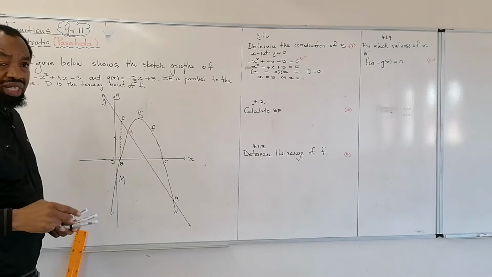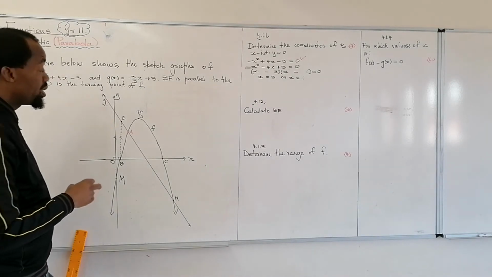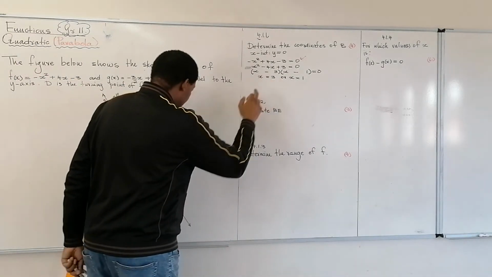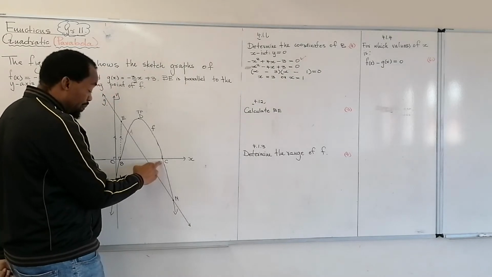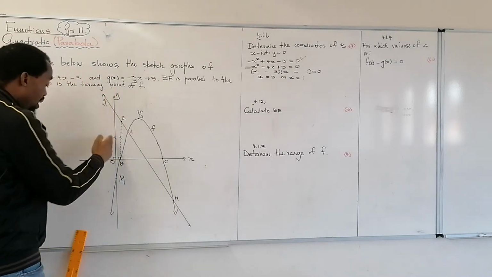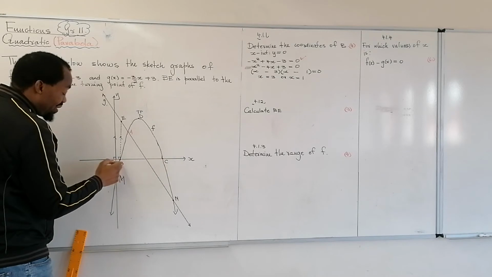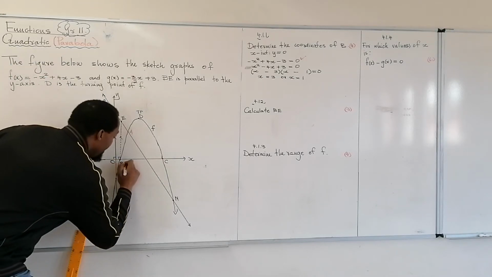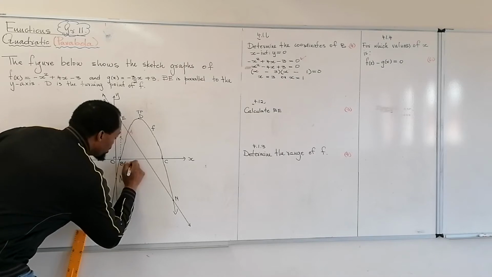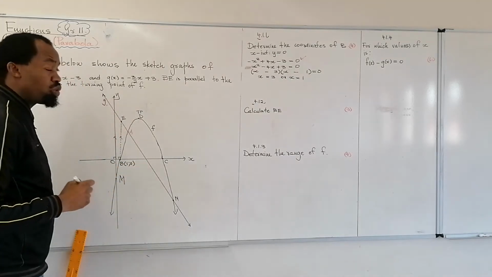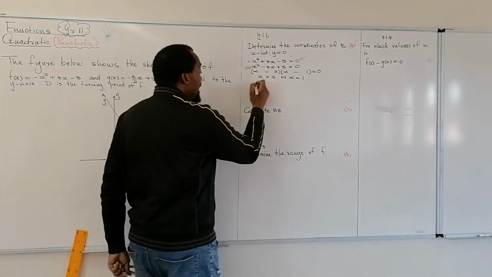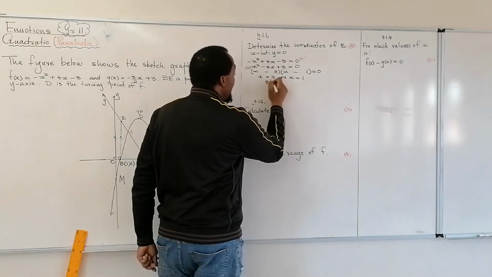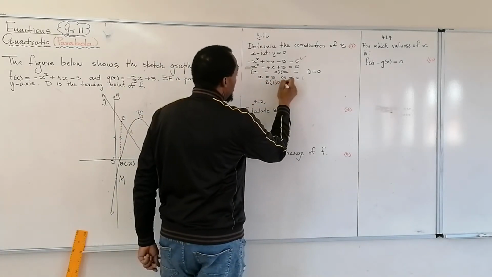Now let's go to our graph and see who's who. 3 must be there, because from the y-axis, that point is the furthest point than this one. Now, I believe that the coordinates of B, according to maths, are 1 and 0.